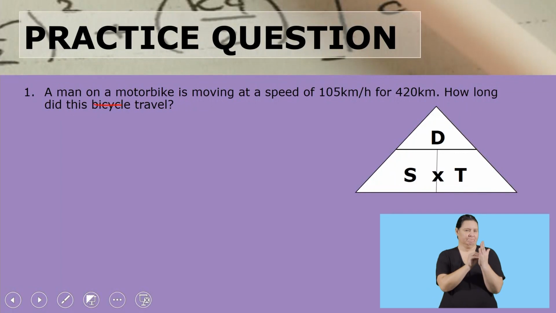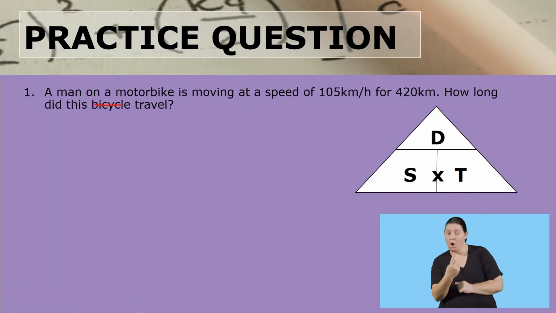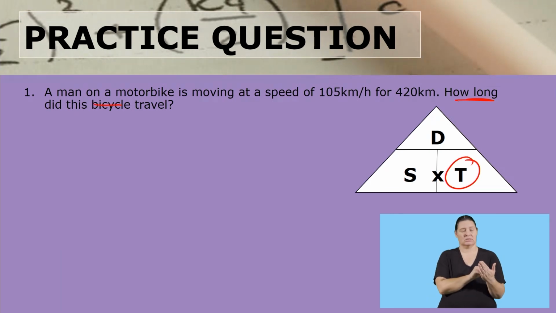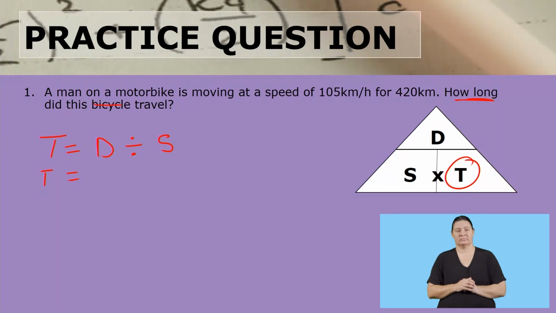So let's write the formula. How long means we are working with time. So we are going to write down the formula for time. Time is equal to, and according to our diagram there, that is going to be our distance divided by our speed. We've been given all this information.